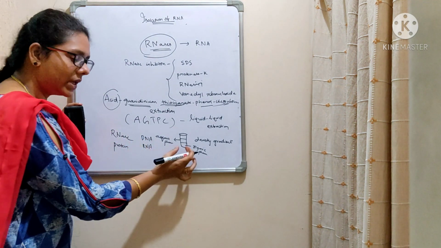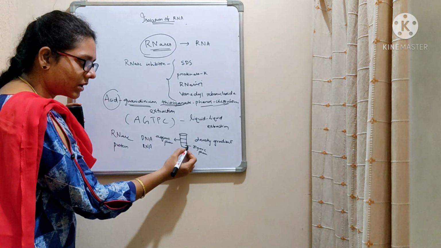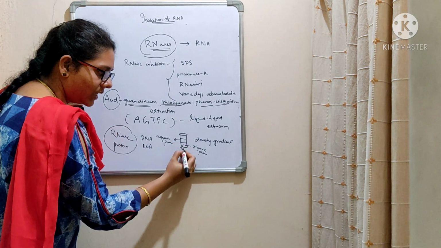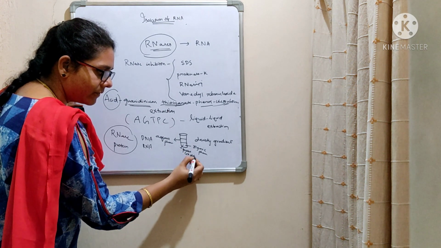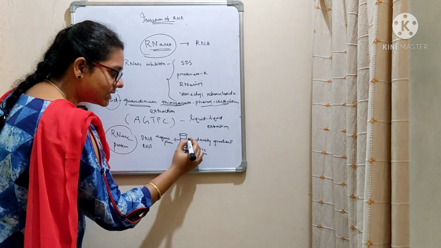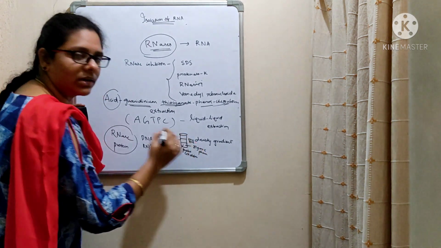So when you observe the Eppendorf tube, where you observe two different phases, the organic phase and the aqueous phase, the protein and the cell debris will be partitioned into the organic phase, whereas in the aqueous phase DNA and RNA will be partitioned.